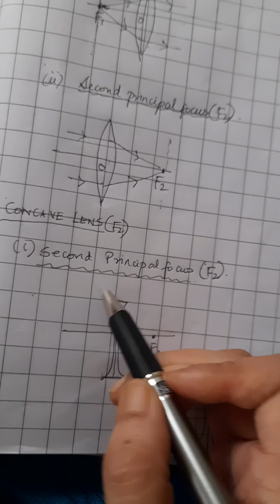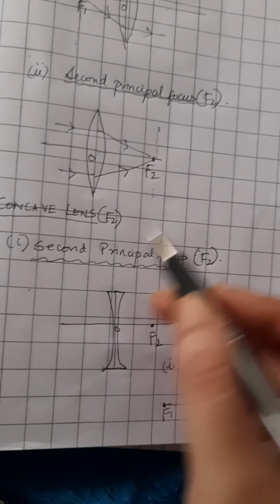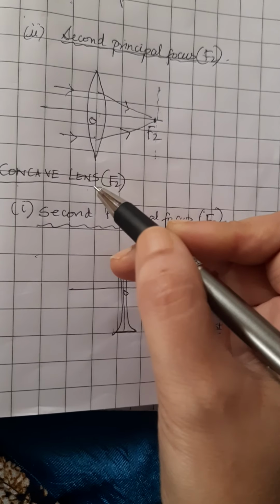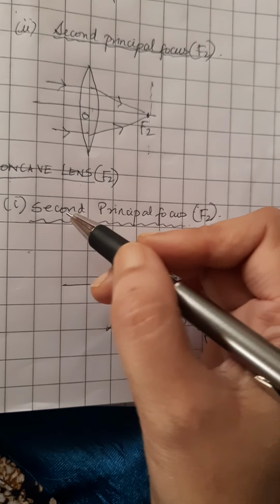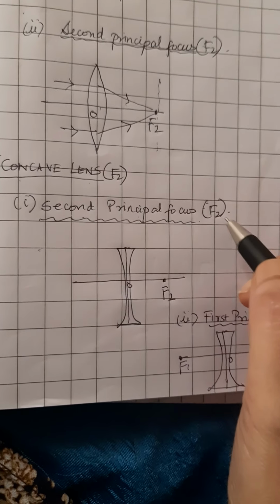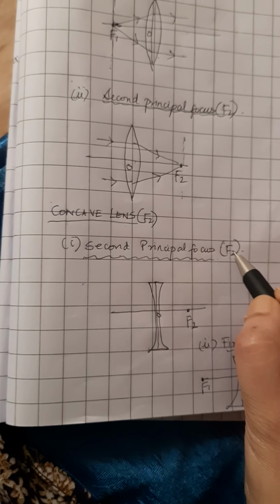Now let me talk about the concave lens. A concave lens also has two principal foci. Let me talk first about the second principal focus, that is F2.